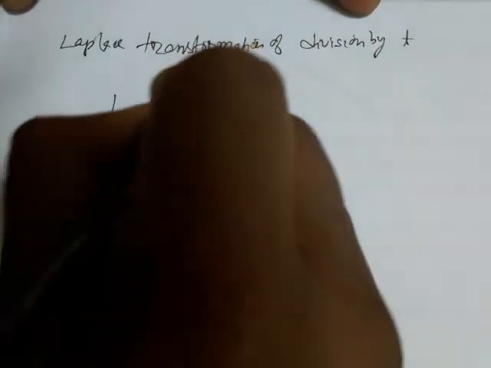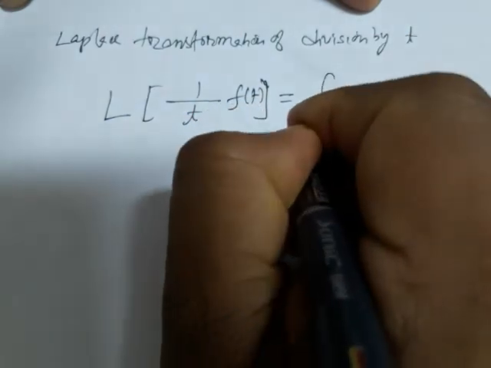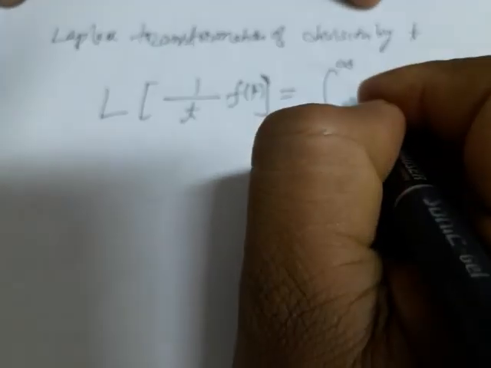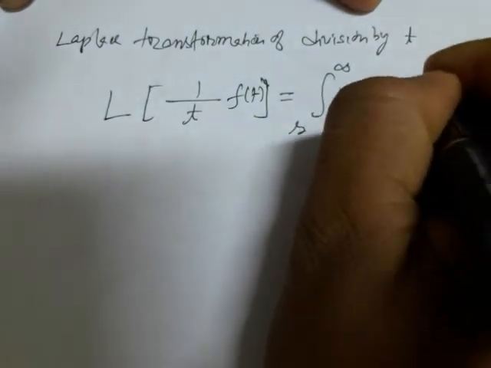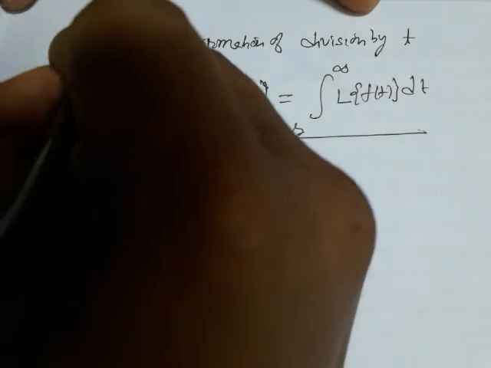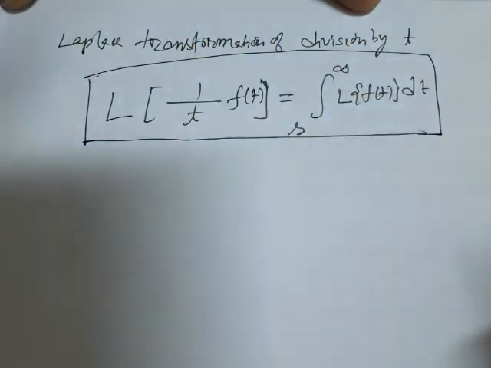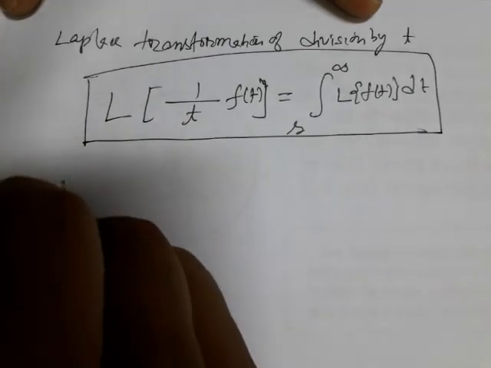The formula is L of 1 by t f of t equal to integral from s to infinity of L of f of t dt. Okay, so the third formula of this video. One application of this formula, let us do one problem.